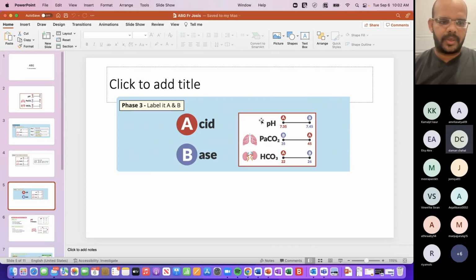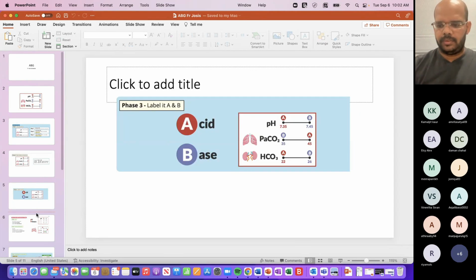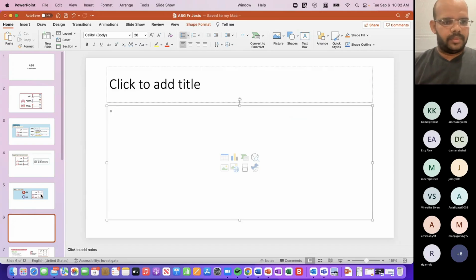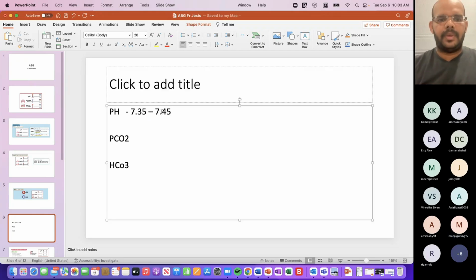So let me just show you a chart. pH, PCO2 is second, and HCO3 bicarb is third. pH normal is 7.35 to 7.45.